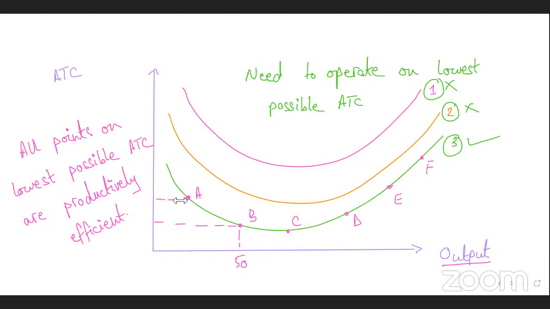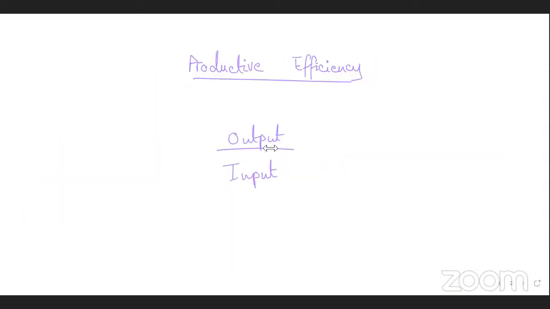On the other hand, if you want to look at point A, it will show that if you're producing a total output of 30 units, let's say, how much is the average cost of producing 30 units of the good and 50 units of the good, and so on and so forth. It's the same thing, right? So in simple words, when a business is minimizing its average total cost, the cost of producing something, then it is productively efficient, right?